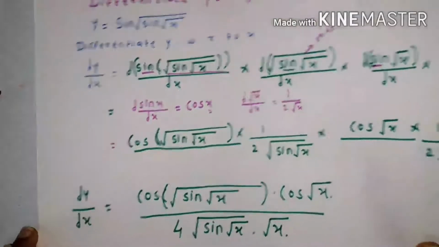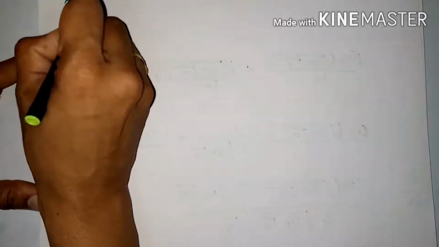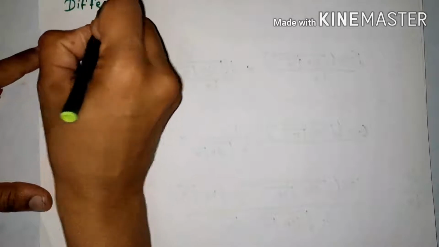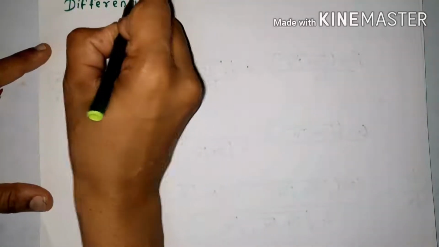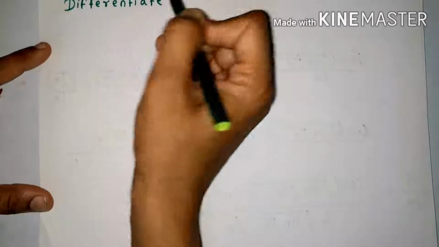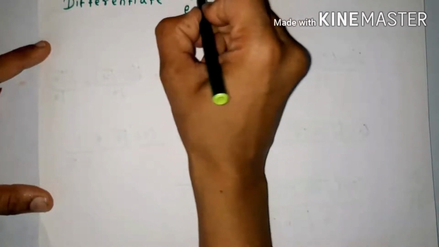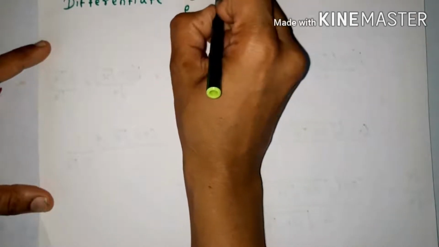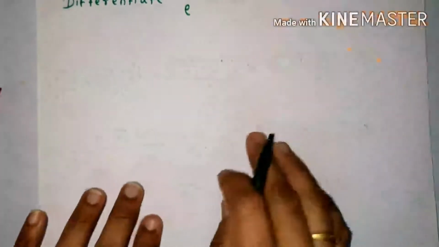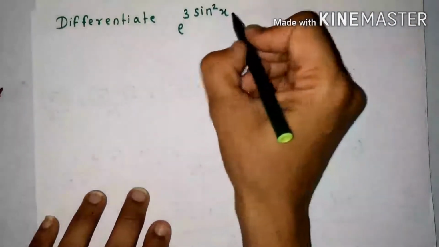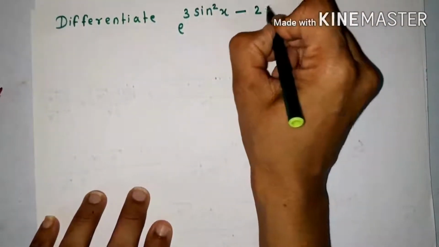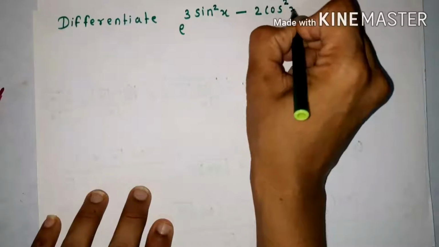Now take the next example. Differentiate e raised to 3 sine square x minus 2 cos square x.